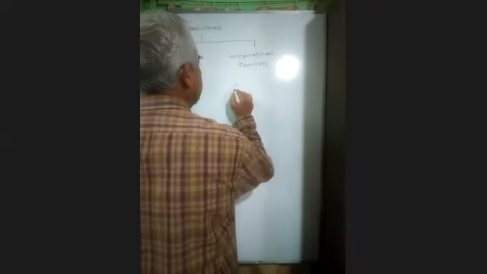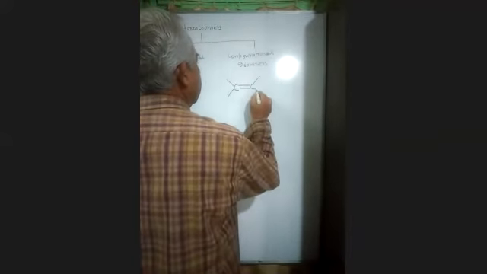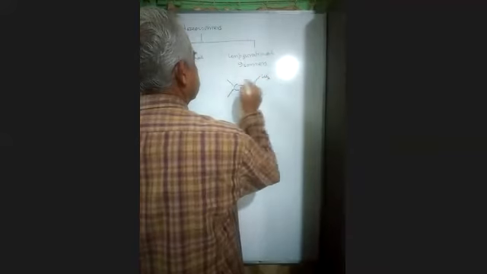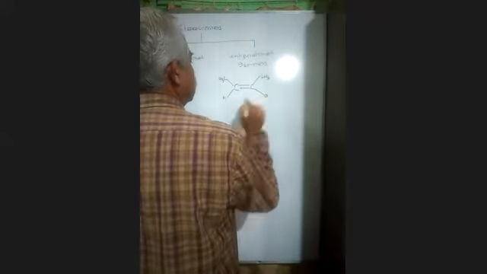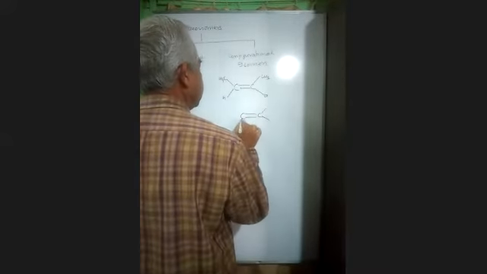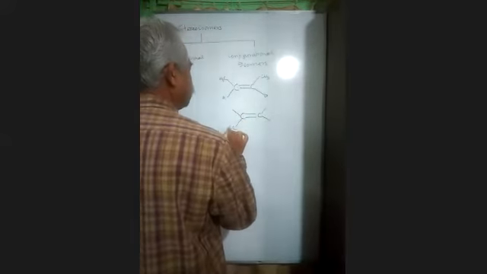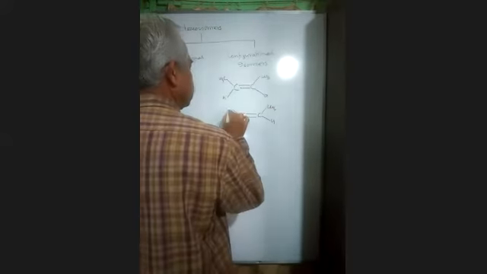Okay, so take the example of this. Suppose I have taken this. This is but-2-ene. Now, in the formation of but-2-ene, it may happen that it may be like this.